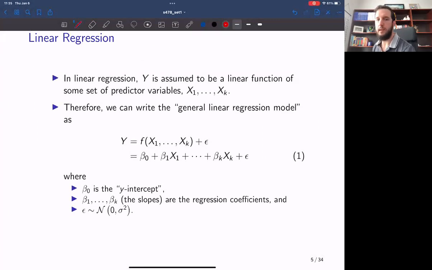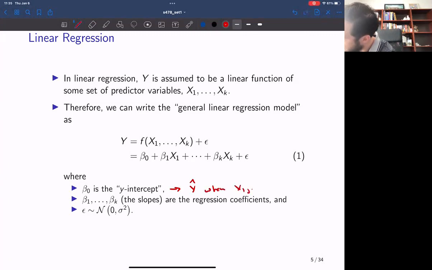So this is going to be the value of y when all of the predictors are equal to 0. And I'm sure most of you are familiar with this. So this will be y hat when x1 through xk are equal to 0.